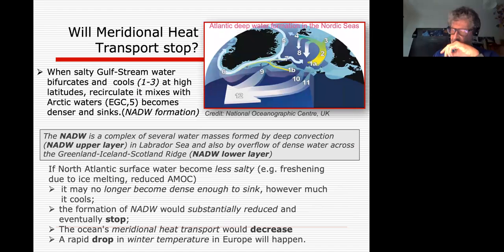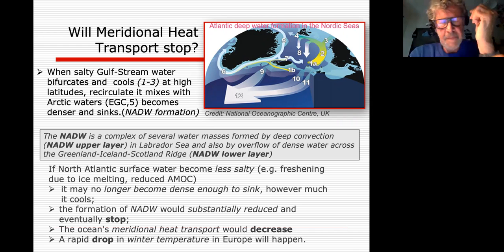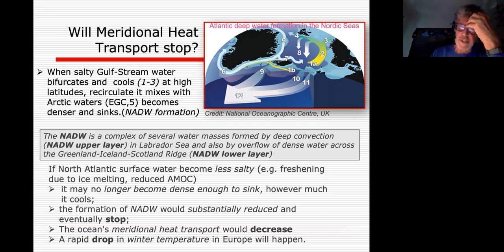But what could happen in perspective? We talk about the risk of weakening of the meridional heat transport, overturning circulation, weakening.